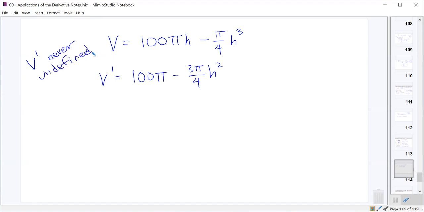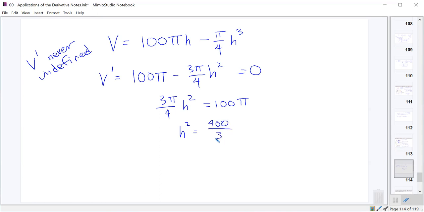But V prime does equal 0 if this equals 0. And so that's going to look like 3 pi over 4 h squared equals 100 pi. Or if we multiply by 4 and divide by 3 pi, h squared is equal to 400 pi over 3 pi, or just 400 over 3.